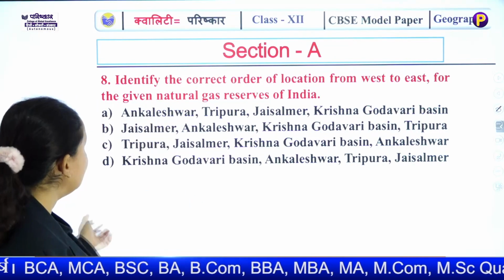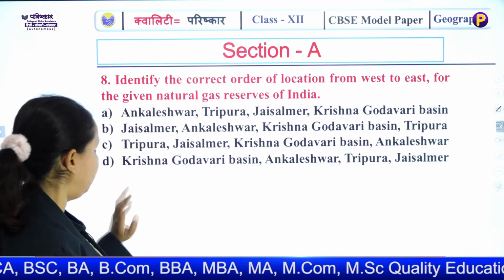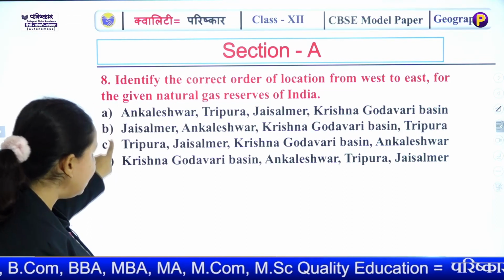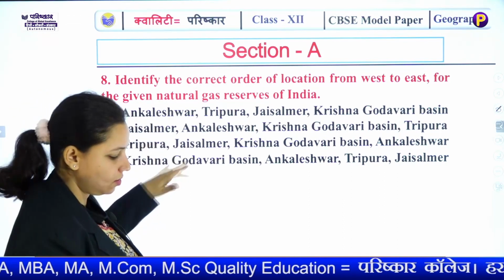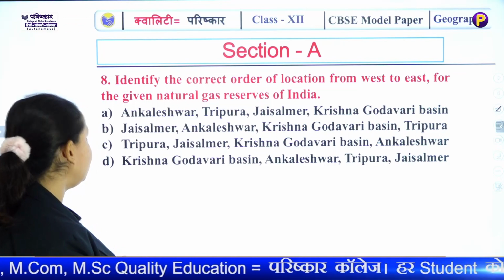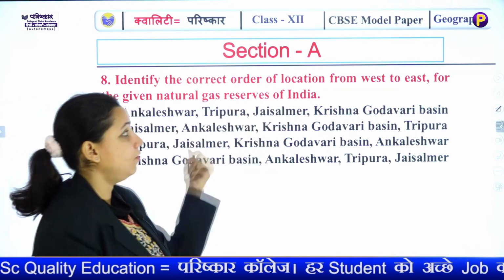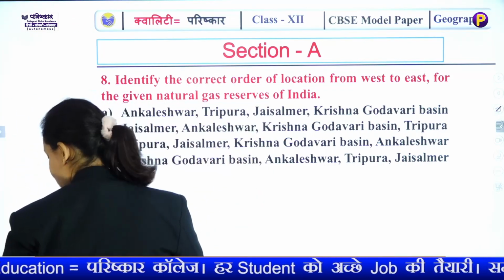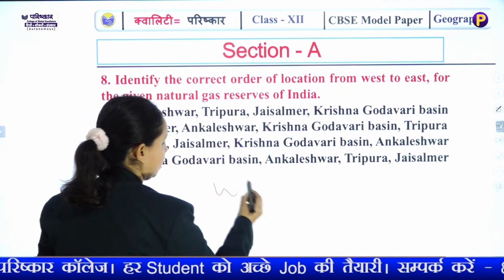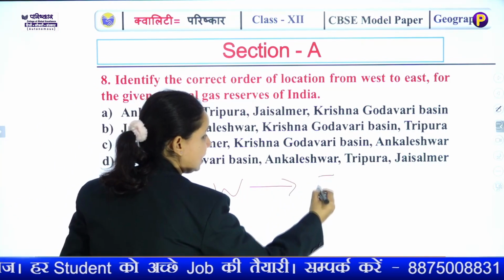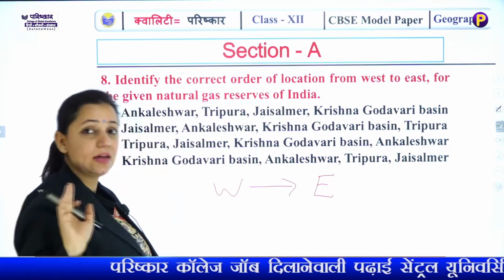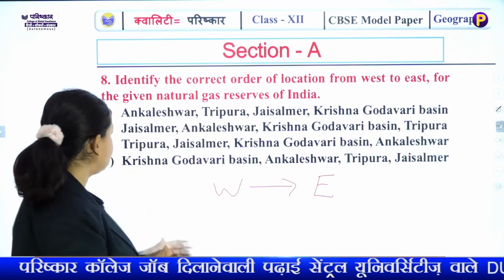Now you can see in this answer itself. Reading all these options, when it is talking about the west to east direction, you should know which place is located on the western side.